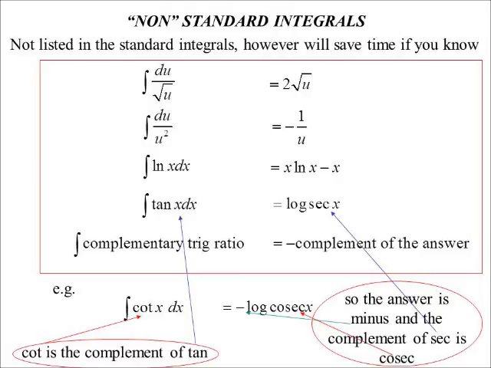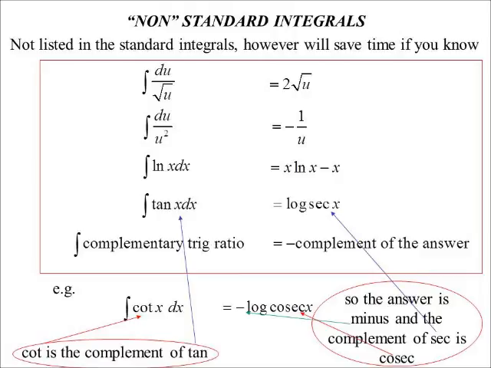Well, you know the integral of sec squared is tan, therefore integral of cosec squared is minus cot. Integral of sec, what was the integral of sec? Is it log of sec x plus tan x.